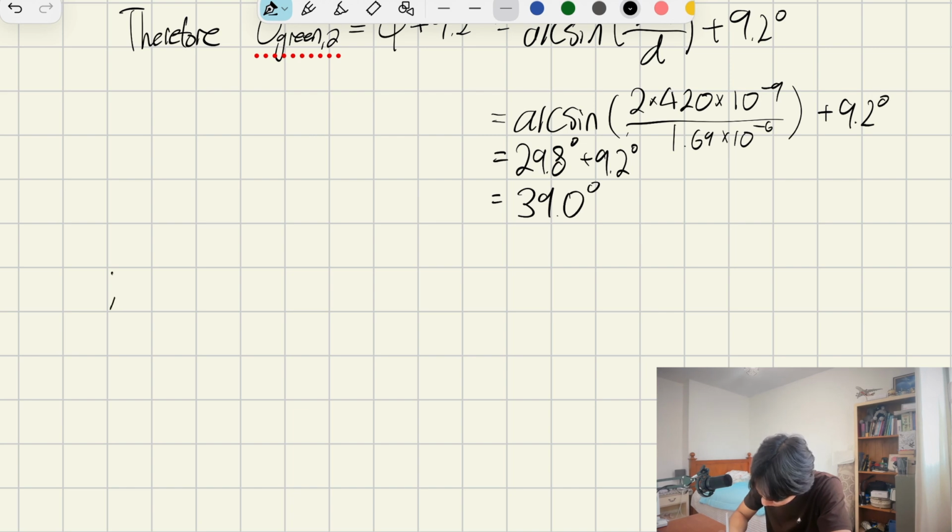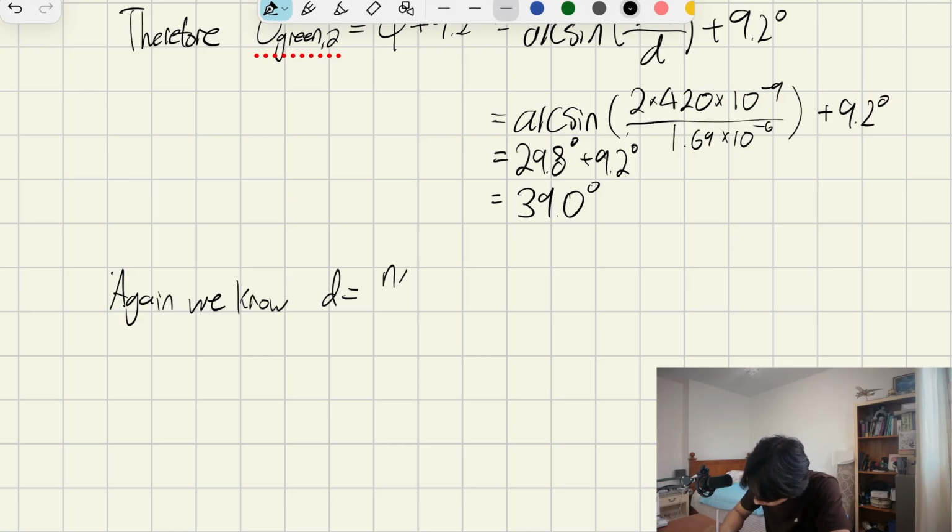So again, we know d is equal to n lambda over sine theta n, right?